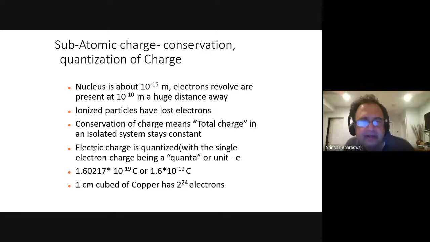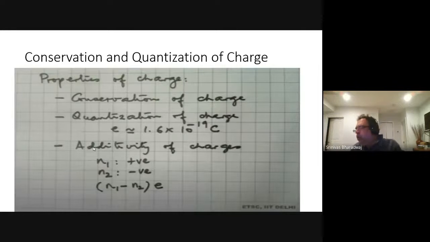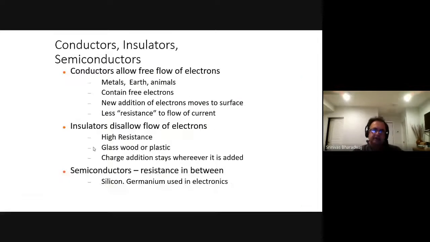And so electric charge is quantized. The charge of an electron is 1.6 × 10⁻¹⁹ coulombs. And so if you have a cube of copper, there are about 2 × 10²⁴ electrons.